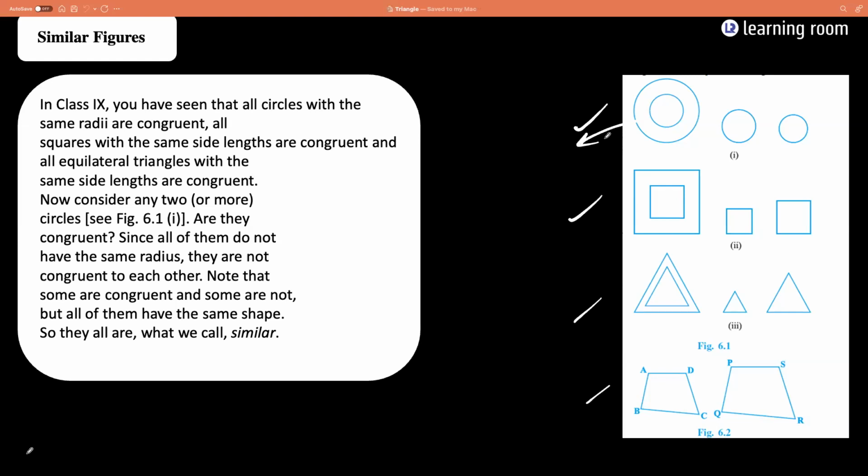They both have the same center but different radii. Similarly, these two squares are both squares but of different side values. Similar is the case with the quadrilateral that is given there.